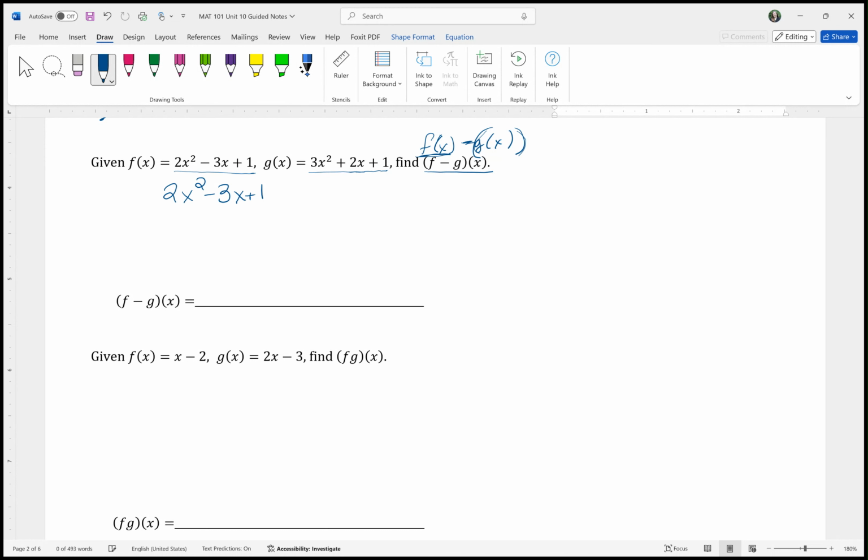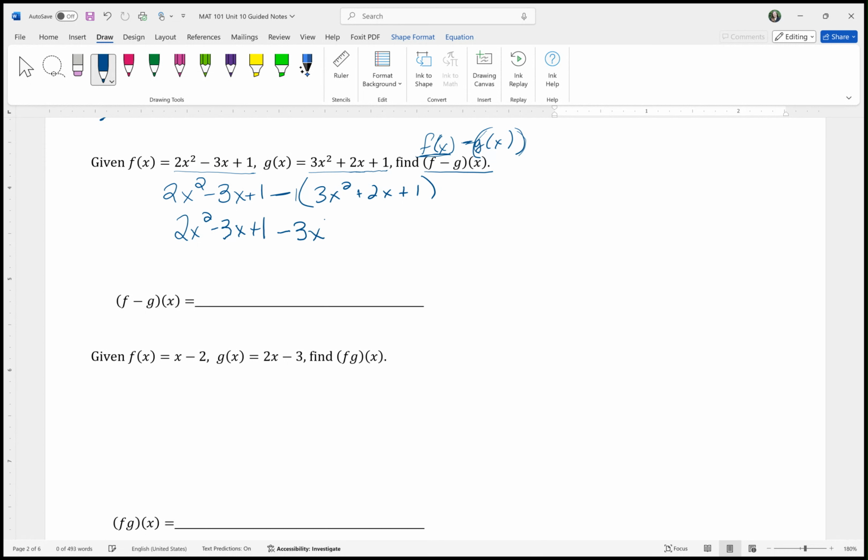But then we're going to do minus parentheses 3x squared plus 2x plus 1. Now, what does that do different than not putting the parentheses? Well, that makes me distribute that negative, or a negative 1, if you want to look at it that way, across g. So let's do that in this next step. Really, really important that you remember this. So 2x squared minus 3x plus 1.